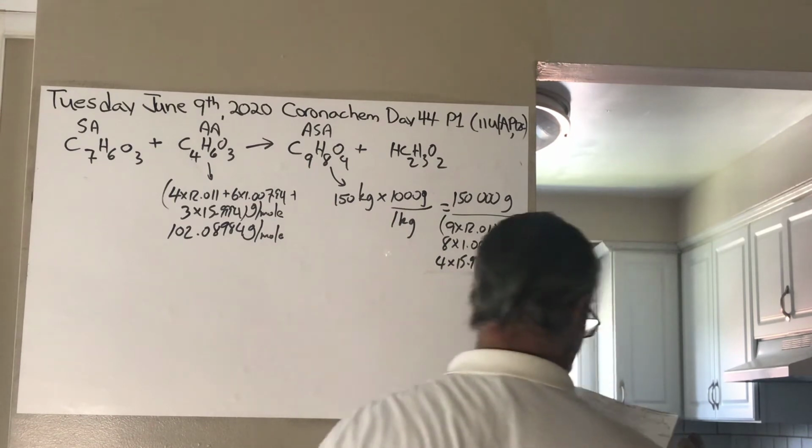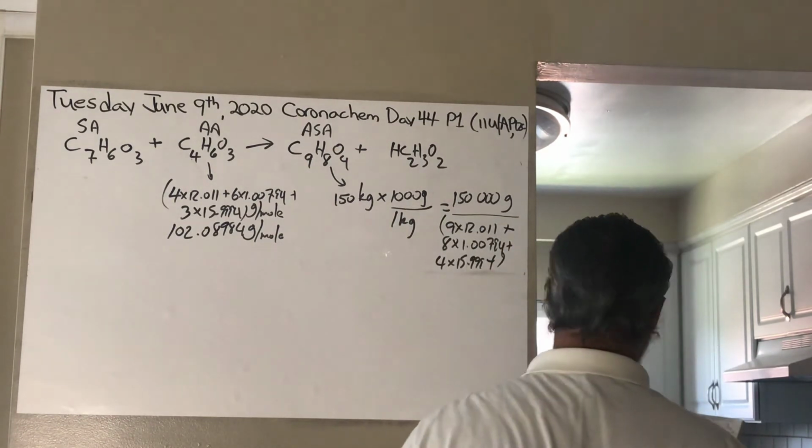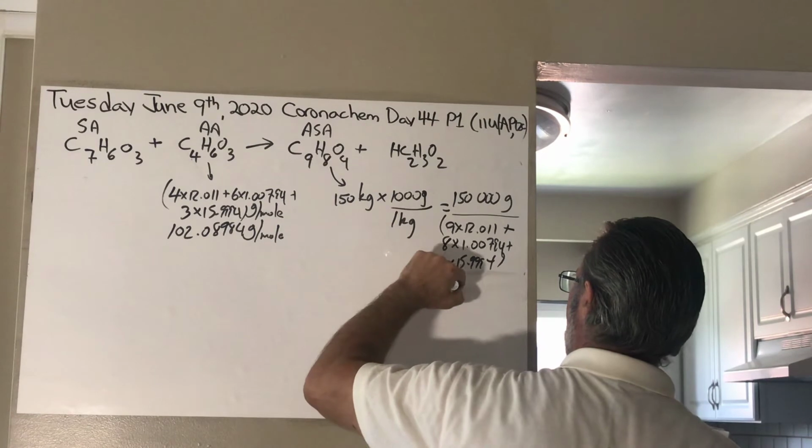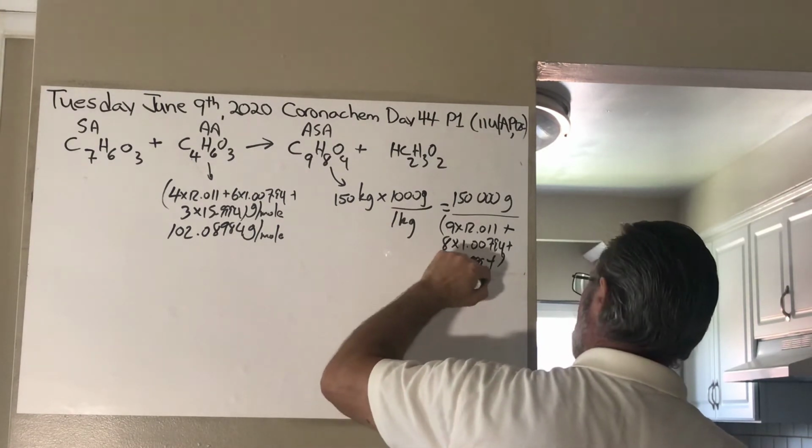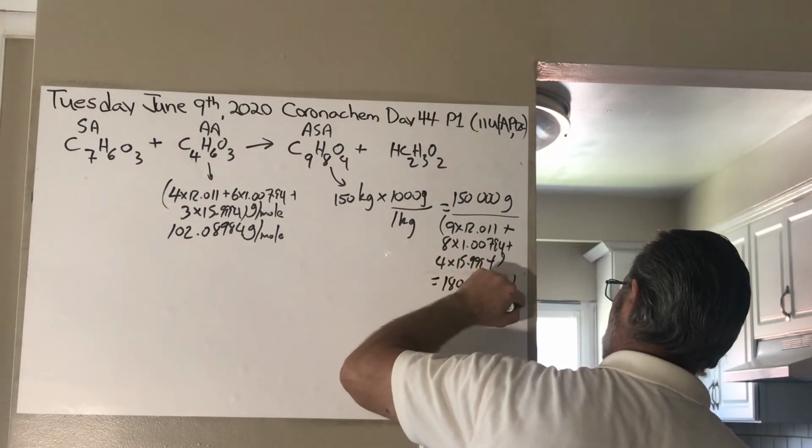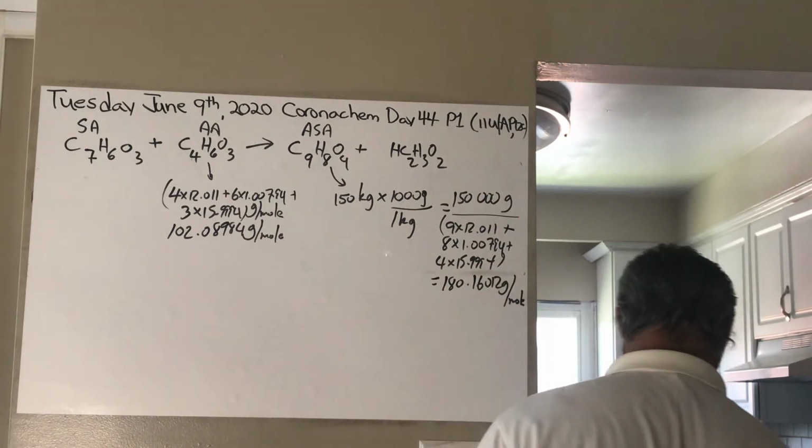It's going to give you a molar mass of 180.16012 grams per mole. We're going to need that later when we do our calculation.